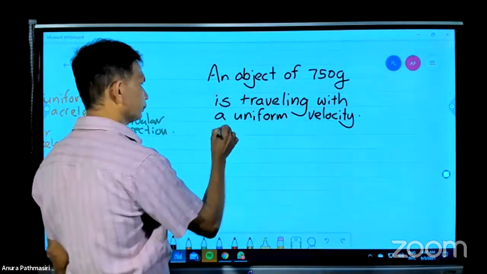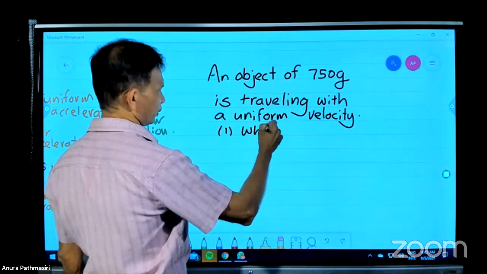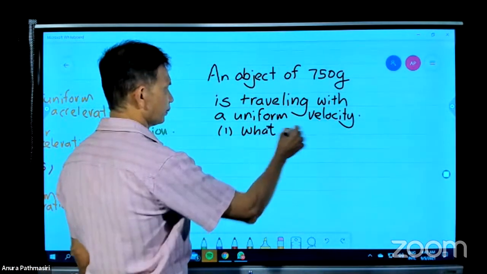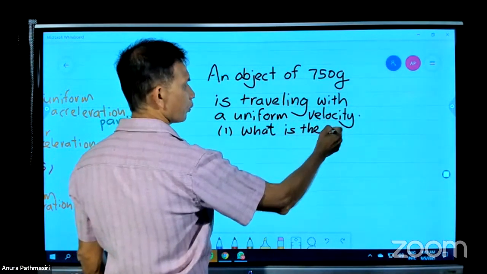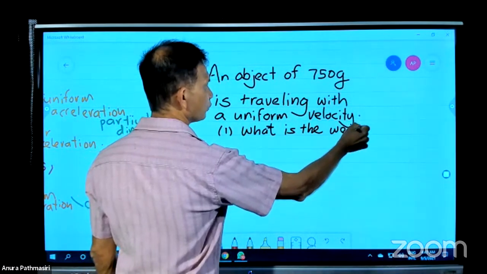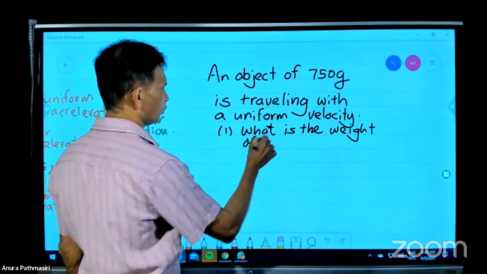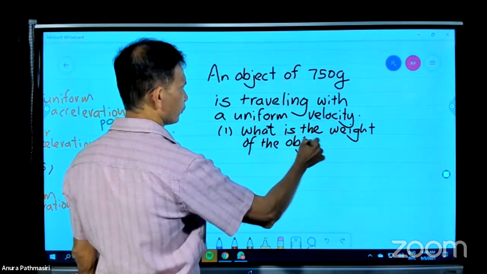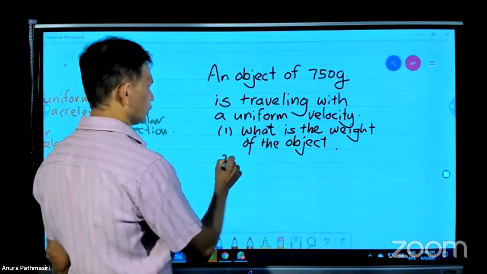Number one: what is the weight of the object?